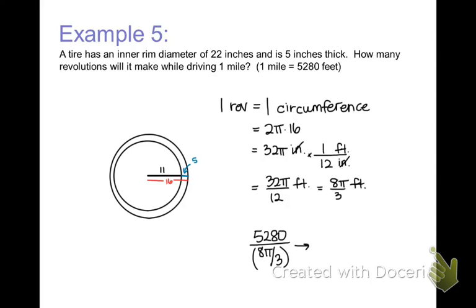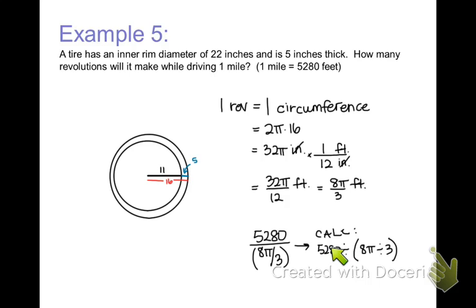So when you're doing this in your calculator, the sequence of steps that you should follow should be 5280, division key, and then what do you think you have to do? Well, parentheses, 8 pi divided by 3, and then end your parentheses. That way your calculator knows to find this value first and then divide it.